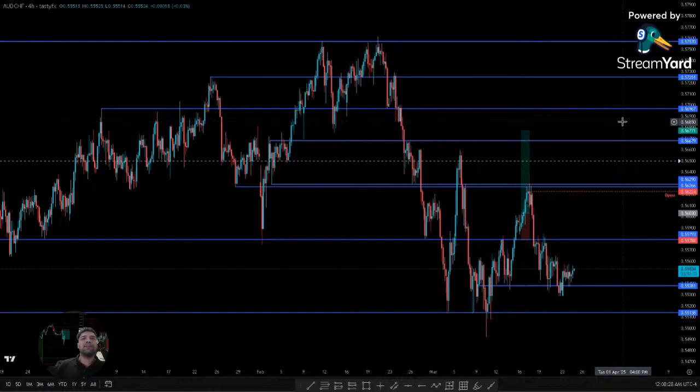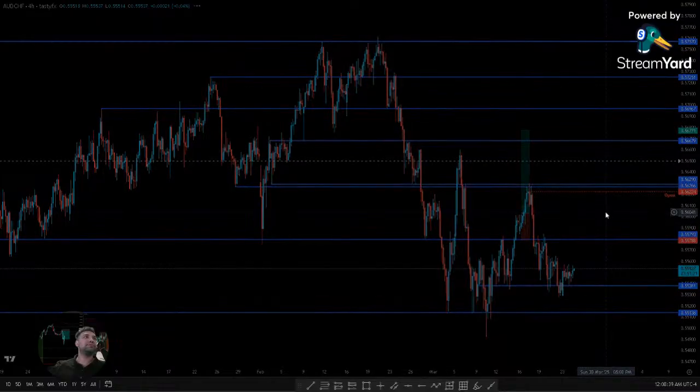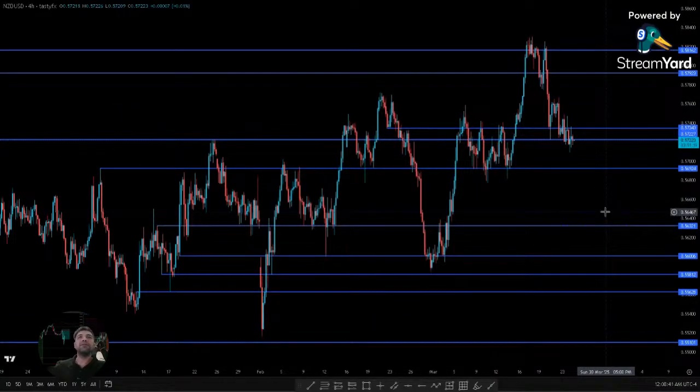AUDCHF, we can see that a little bit of momentum is built around here. And with the New Zealand Kiwi, we can see that NZD was quite weak, but on the short time frame it is gaining a little bit of momentum.